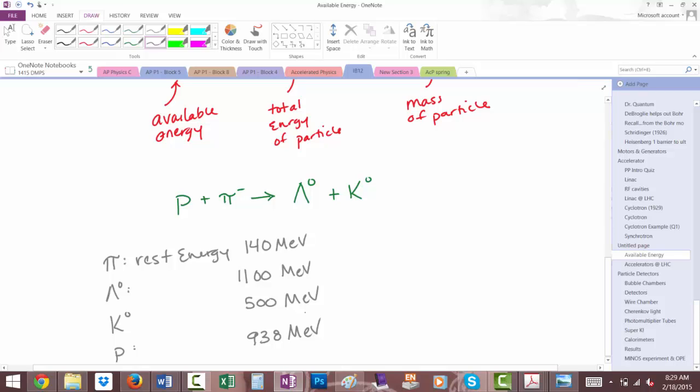So you're adding the mass of the lambda to the kappa, right? Just the lambda and the kappa. And on the other side you add the pion and the proton. You subtract the two. All right, so it's 1,078.